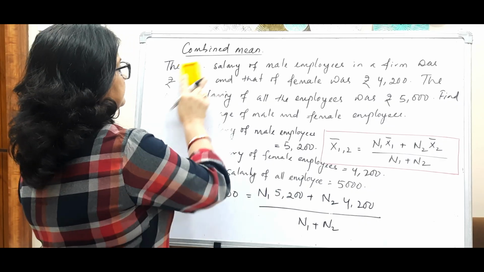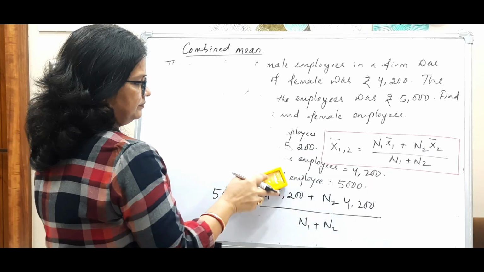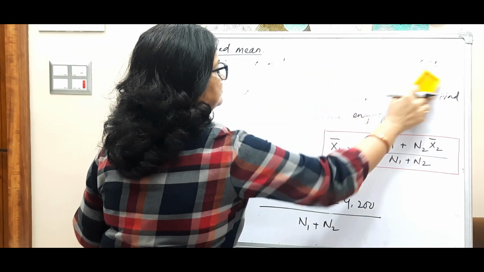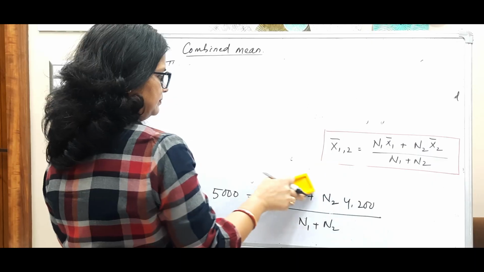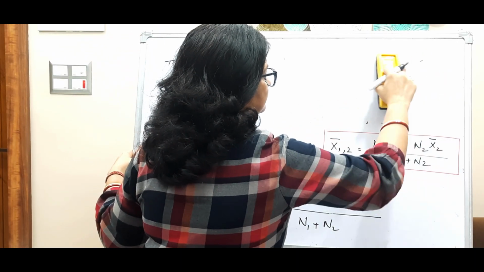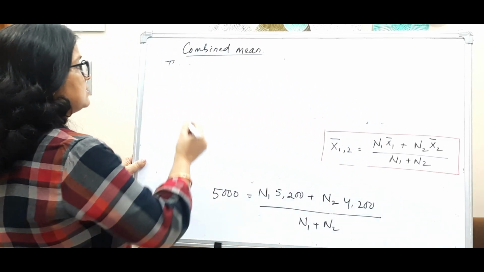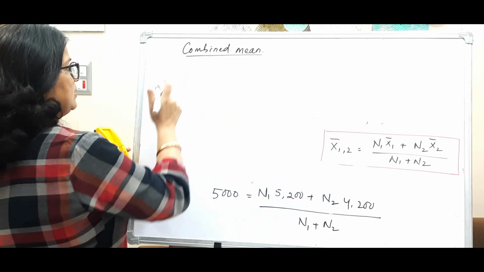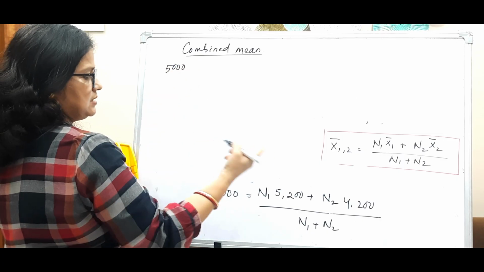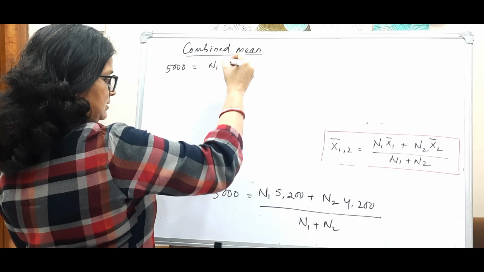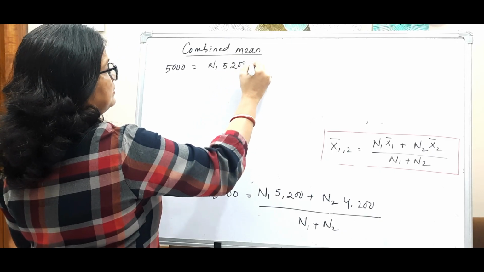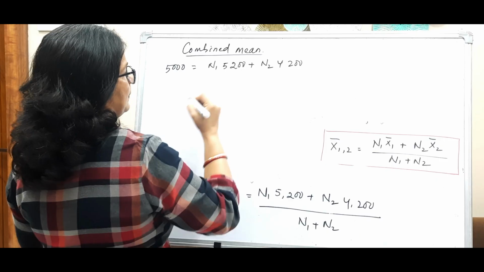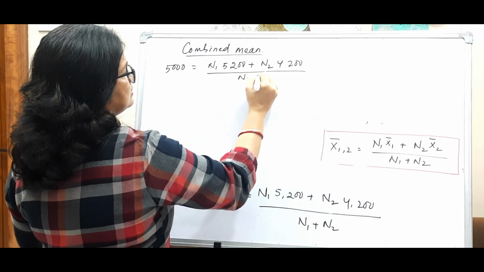Let me erase this thing. So I am writing it once again. 5,000, that is our combined mean, equal to N1 into 5,200 plus N2 into 4,200 divided by N1 plus N2.